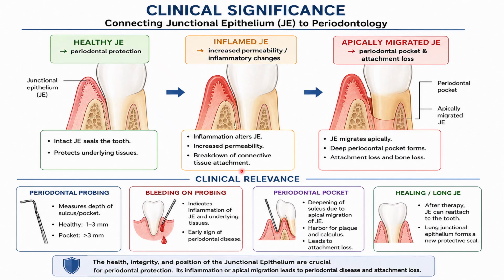So clinically, there will be bleeding on probing, and there might be periodontal pocket formation. Apically migrated junctional epithelium leads to periodontal pocket and attachment loss, and there can also be bone loss. Coming to healing and long junctional epithelium, it is seen after therapy, when the junctional epithelium reattaches to the tooth. The long junctional epithelium forms a new protective seal.